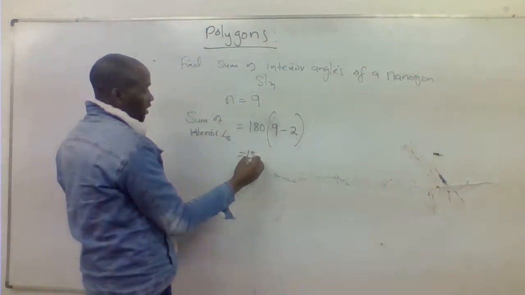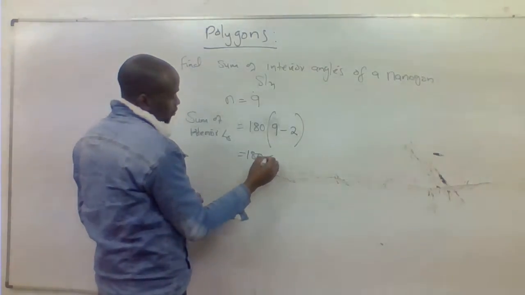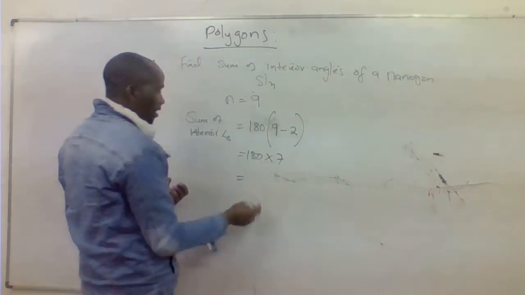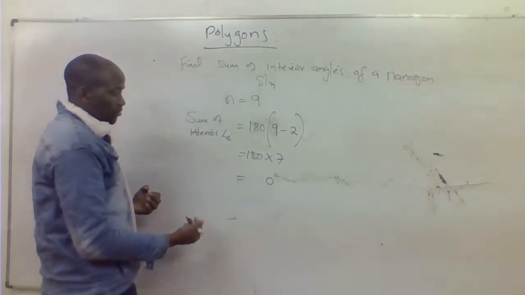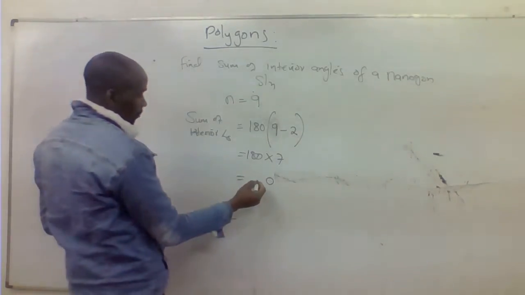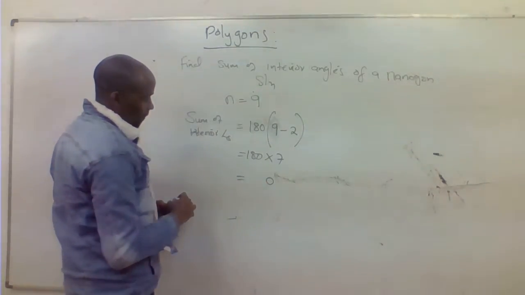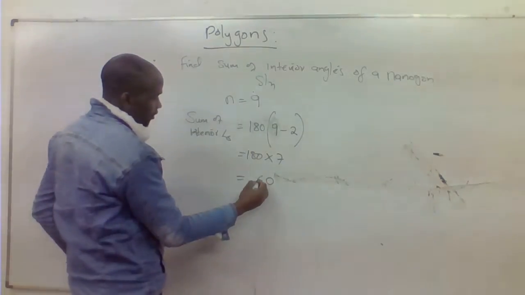This gives us 180 into 9 minus 2, that one is 7. So times 7. If you multiply this, 7 times 0 you get 0. Then 7 times 8 you get what? Is that 62 or 63? 56. Yeah, 56. So 6.